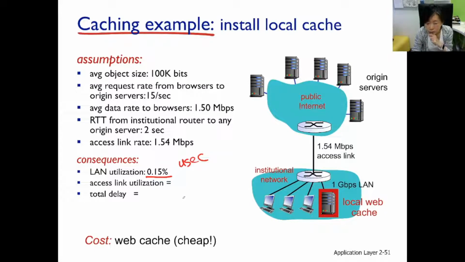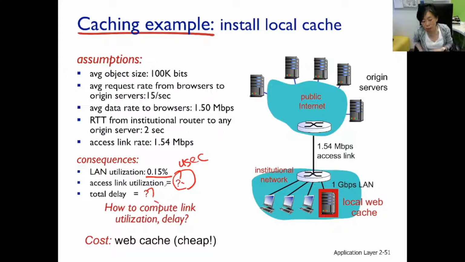But for the excess delay, we'll have to know the access link utilization in order to estimate it. Therefore, we couldn't quite yet estimate the total delay, right? But this has something to do with the traffic that needs to be brought down this way, right? How many objects will be coming down this way? That seems to be the question.